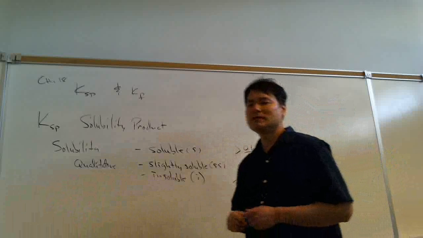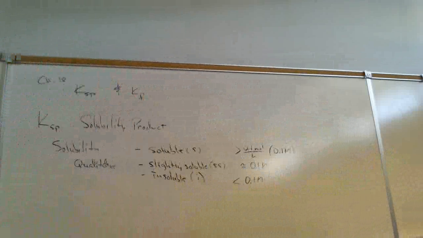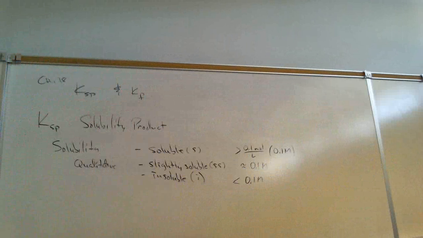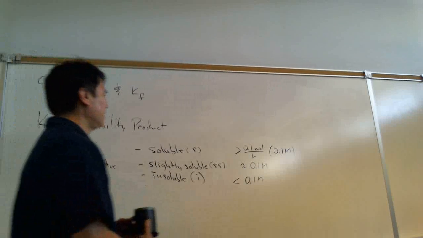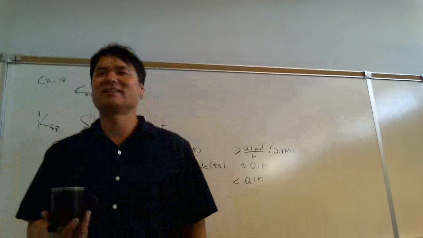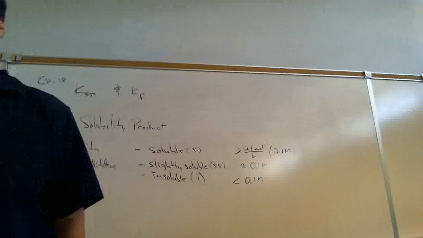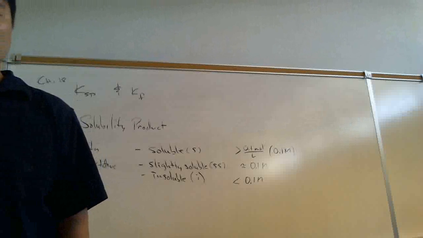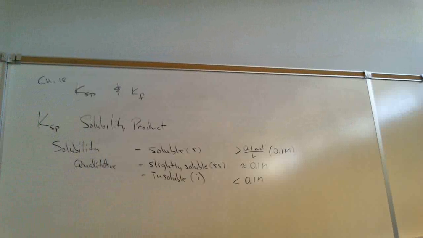Now 0.1, is that a lot or is that a little? It sounds like a lot, right? And so if you have something that's like 0.09, it sounds like a lot of moles per liter. But these are the cutoffs.